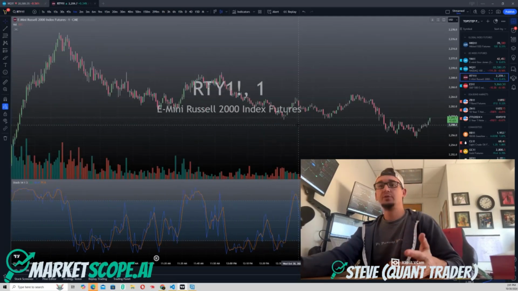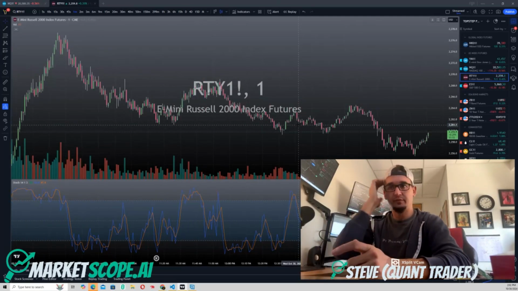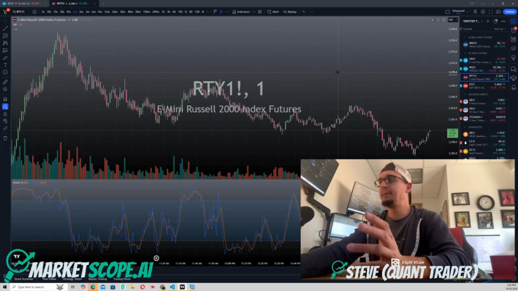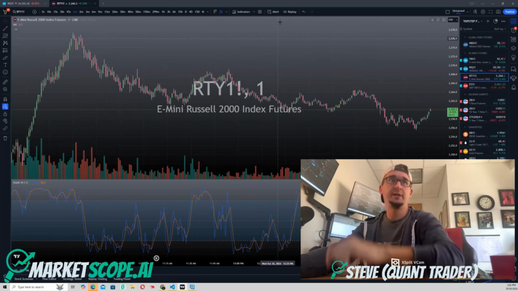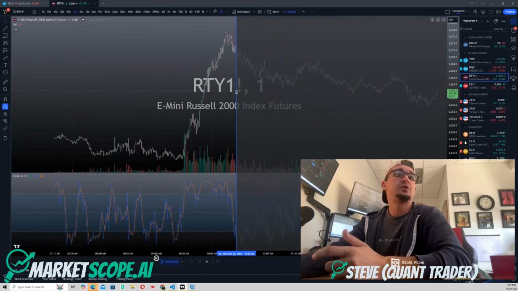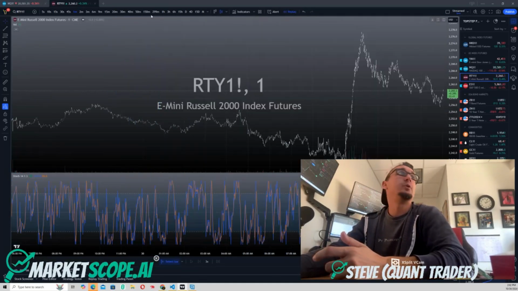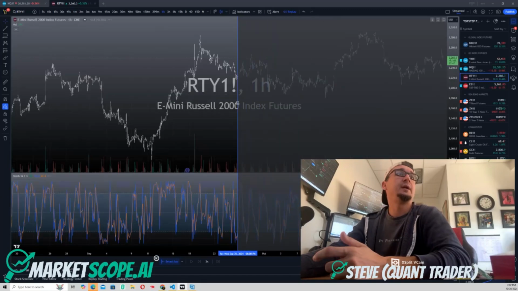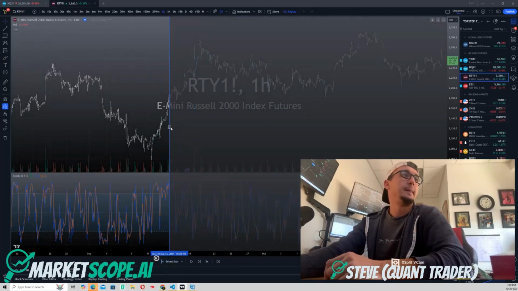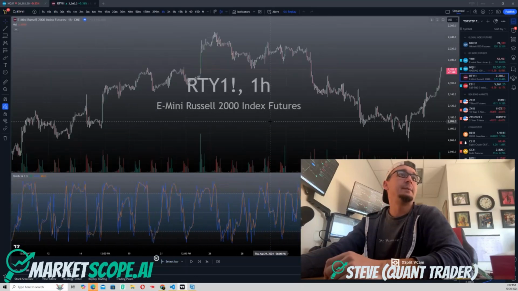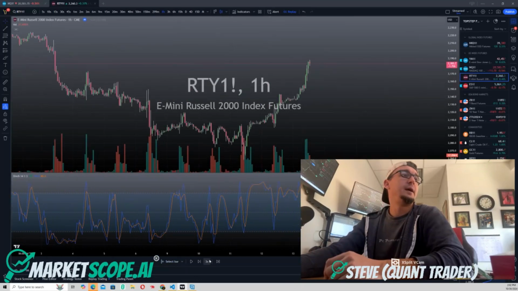So backtesting strategies can take time. So if you do it manually, so for example, this is what I used to do when I started trading years ago, is I would use replay mode. And anyone can do this very easily. You can go at any time frame, and we have the Russell futures here, and you back up in time, and you can go ahead and replay the market.